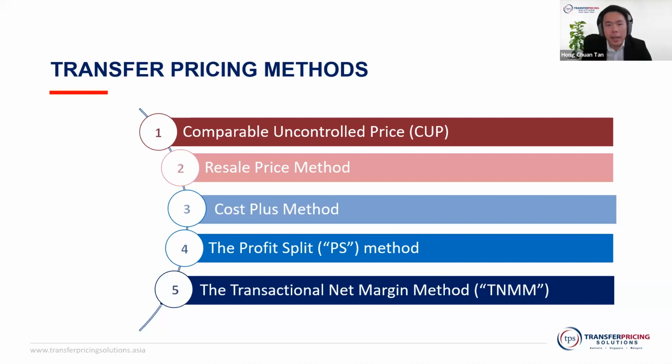So Malaysia has also evolved from a hierarchical place to more or less the most appropriate method to be selected, right? So we have here the 5 globally accepted methods, of which the first 3 are the traditional transactional methods, which are comparable uncontrolled price, resale price method, cost plus, and then going down to 4 and 5, which are the transactional profit methods: the profit split method, which is one of the focuses that we're going to put on, as well as the transactional net margin method, which I think most people will know about.